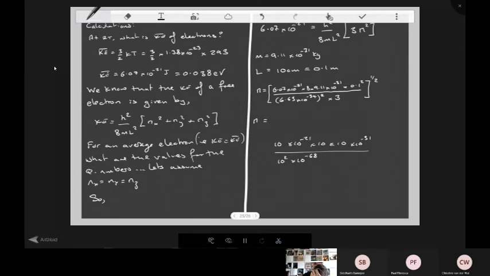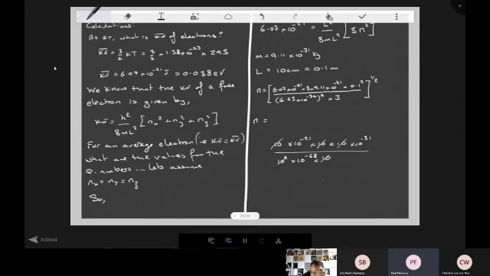Times 3. Oh, hang on a minute. Because 6.6 squared is like 30 something. 6 is a 36, 7 is a 49. But it's times by about a 10 there. So okay, that cancels with that. I got 1.8 times 10 to the 6.